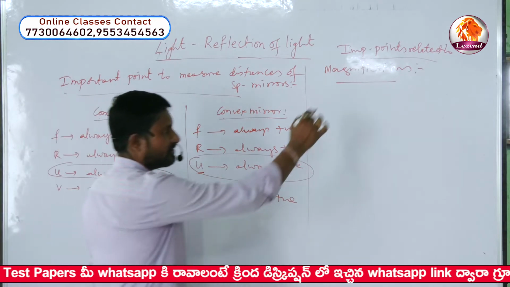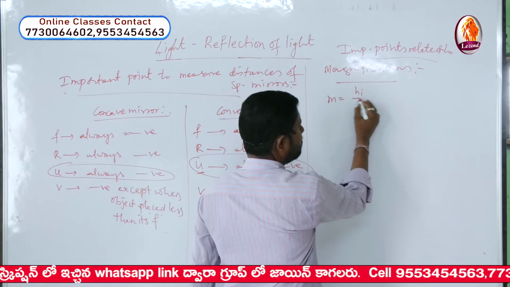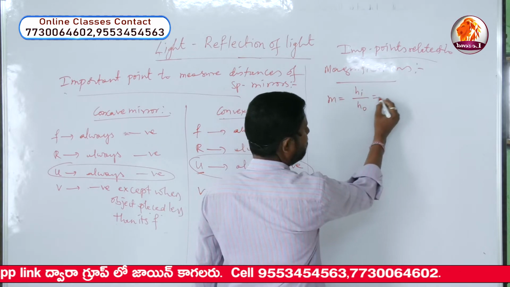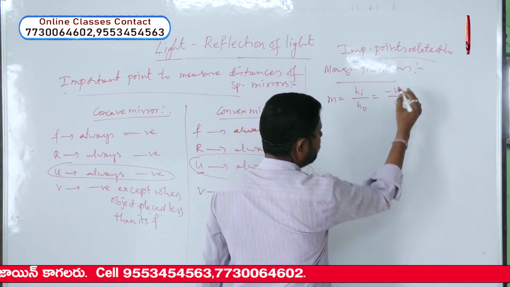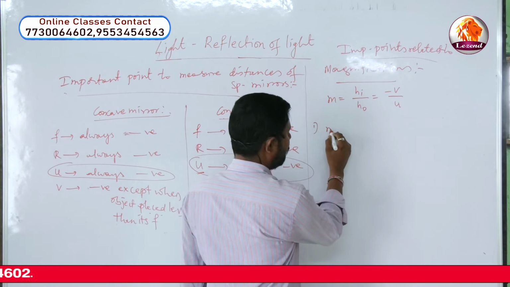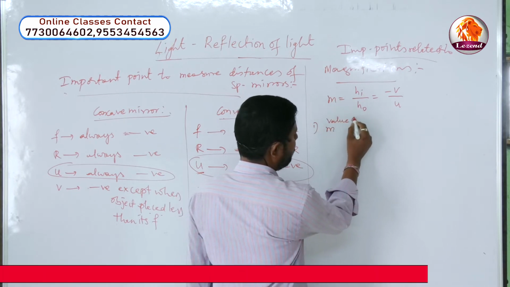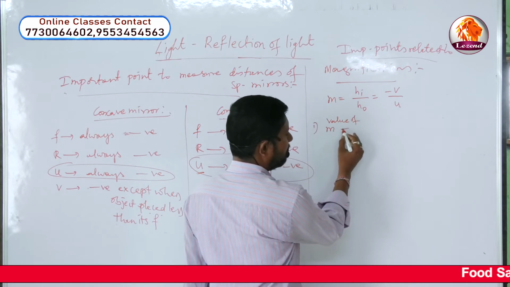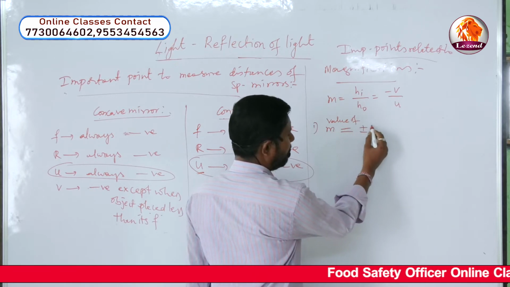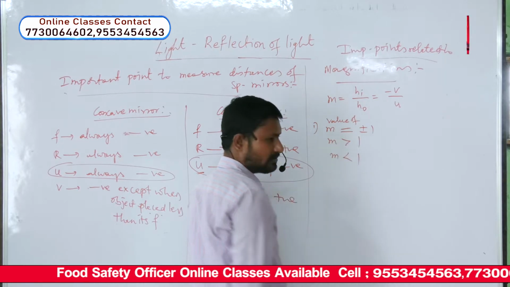Next, important points about magnification. You know magnification m equals hi by ho, height of the image by height of the object, which is equal to minus v by u. The value of m may be equal to plus or minus 1, or m may be greater than 1, or m may be less than 1.